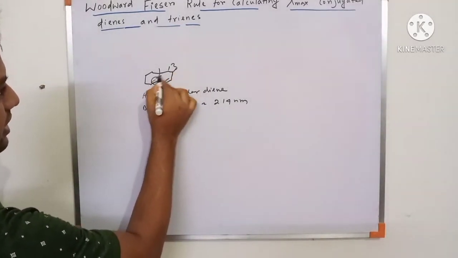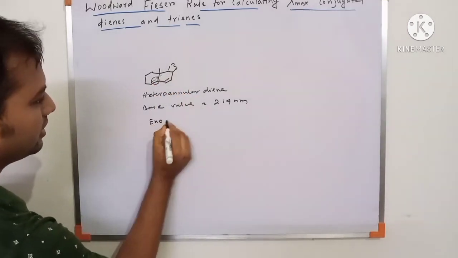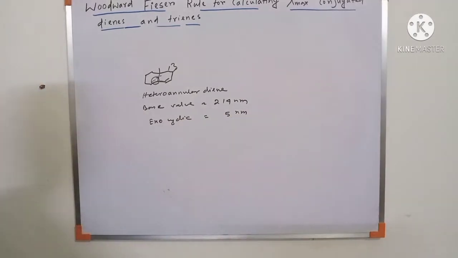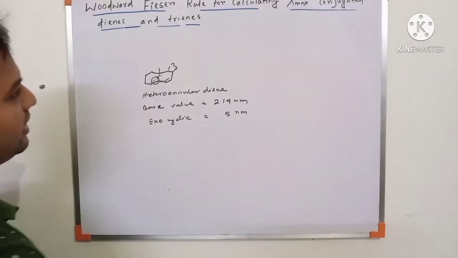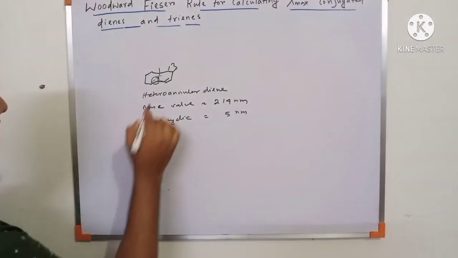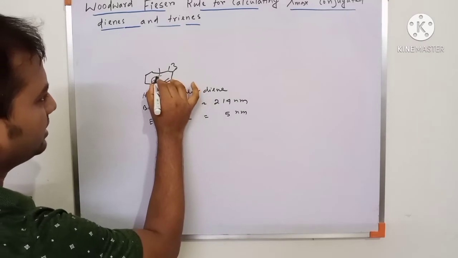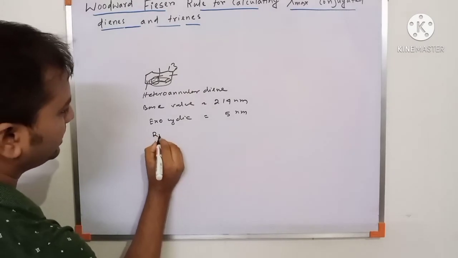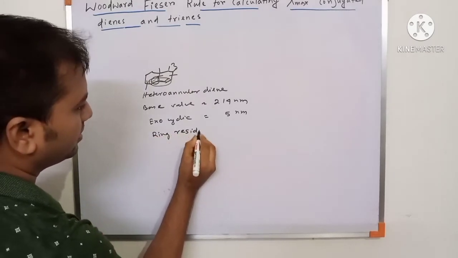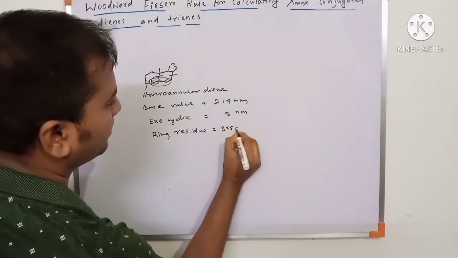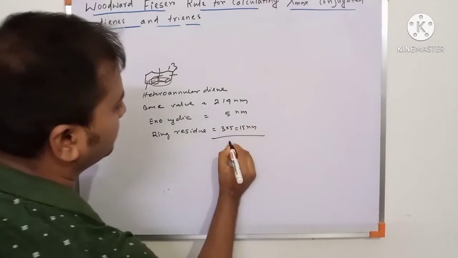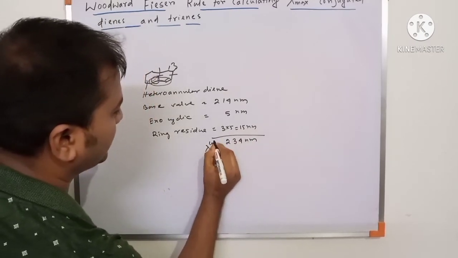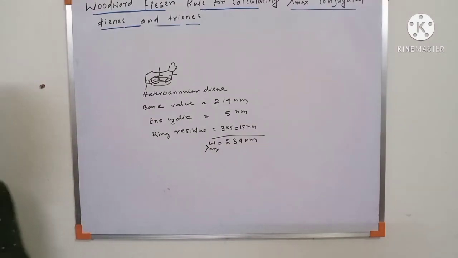This ring has an exocyclic bond, and exocyclic bond equals 1, so this is 5 nanometer, and there is no extra double bond extending conjugation. And the residue part: this is the conjugation, and the residue parts are this part, this part, and this part. So 3 ring residues, equal to 3 into 5 equals 15 nanometer. So this is 234 nanometer, the lambda max calculated value. This is the answer.